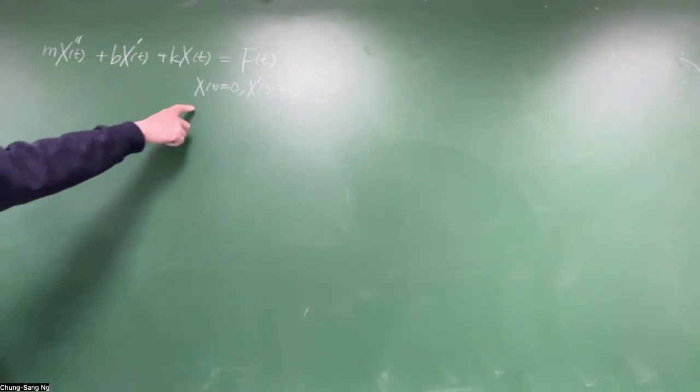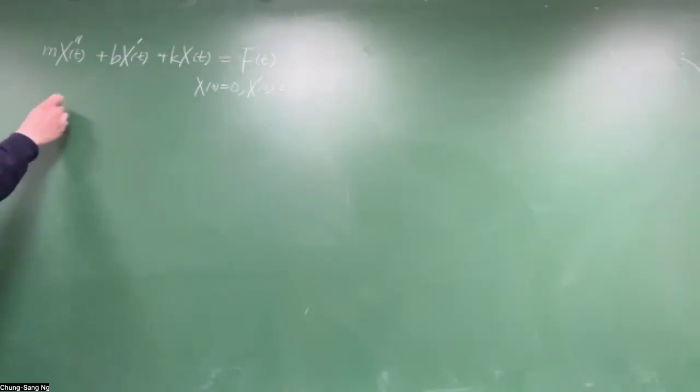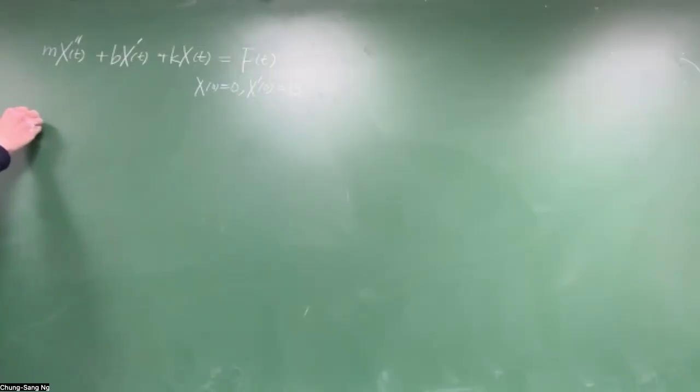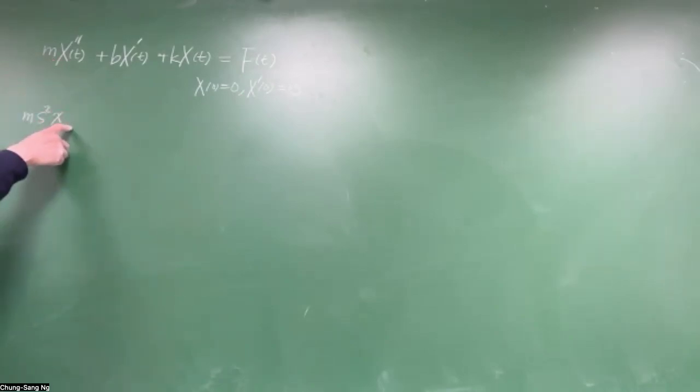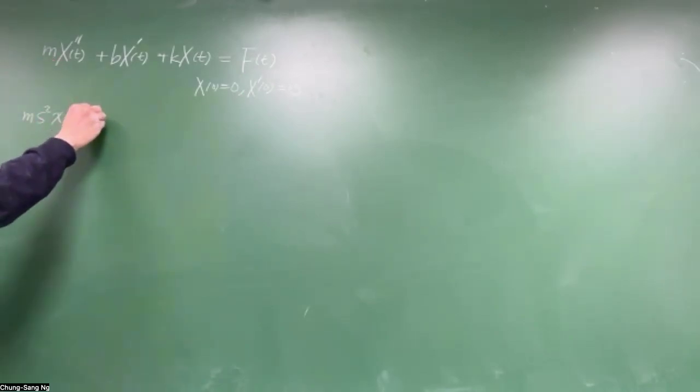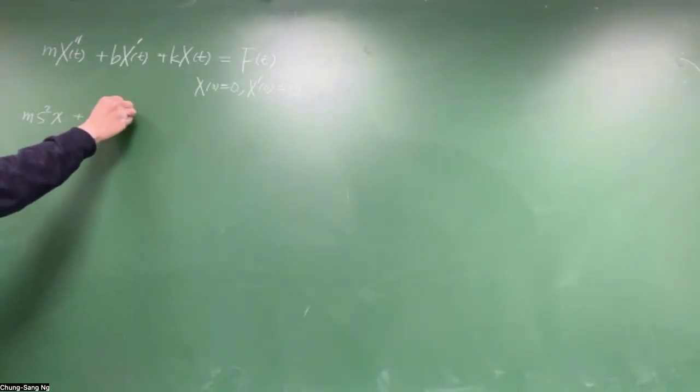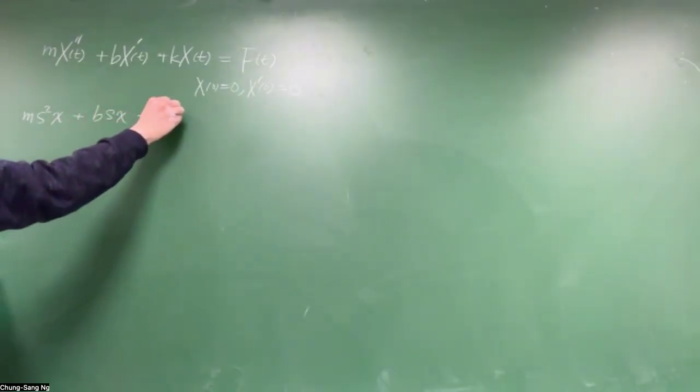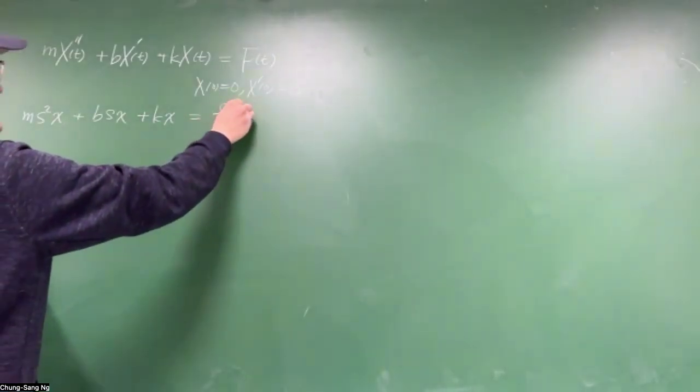Okay, then now you do the Laplace transform on both sides, each term. So now with all these initial conditions, that becomes trivial. So it's m s squared, and the little x is the Laplace transform of capital X, plus b s X plus k X equals now the Laplace transform of f, capital F is the Laplace transform of little f.